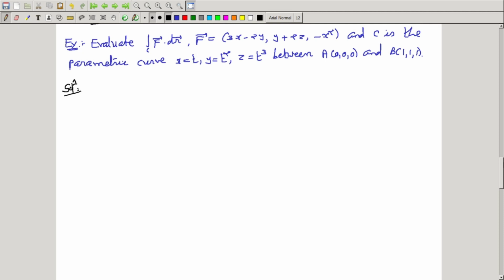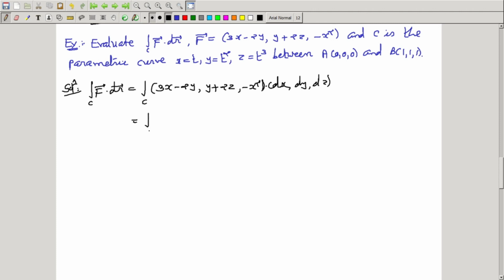As I told you, the exercises are very simple. Vector f into dr is equal to the integration over C. What is vector f? (3x minus 2y, y plus 2z, and minus x square). dr is this quantity: dx, dy, dz.